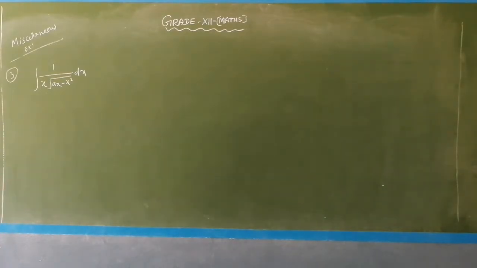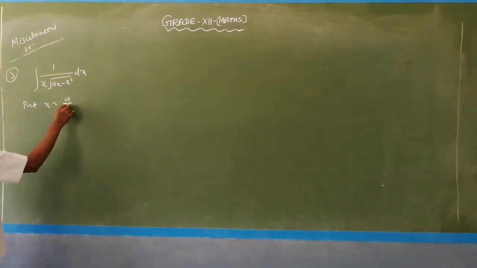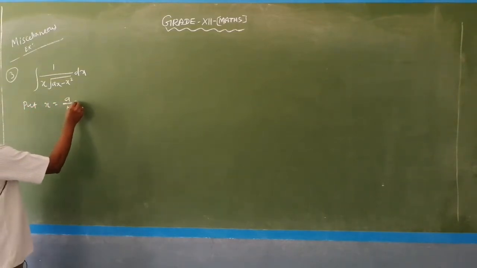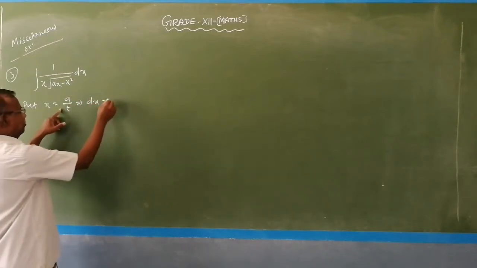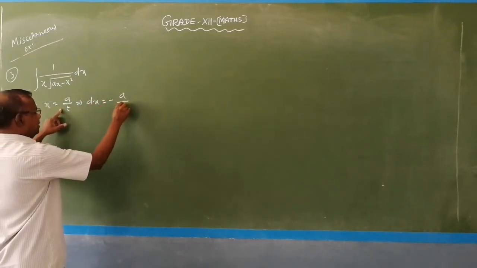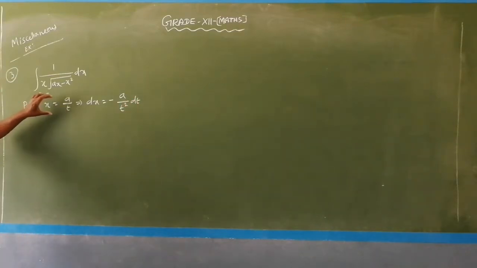Now, put x equal to a by t. So, we have dx equal to minus a by t square into dt.